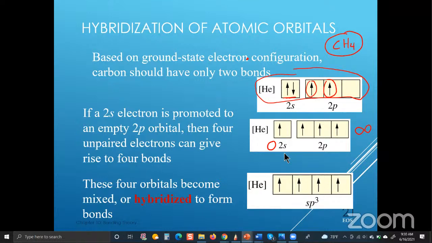So this s orbital will mix with these 3 p orbitals to form 4 sp3 hybrid orbitals. And these hybrid orbitals now have the same shape, and therefore when they overlap with the 1s orbital, the bonds between the carbon and the hydrogens will be the same. So that is how the hybridization theory is used to explain the structure of molecules such as CH4, methane.